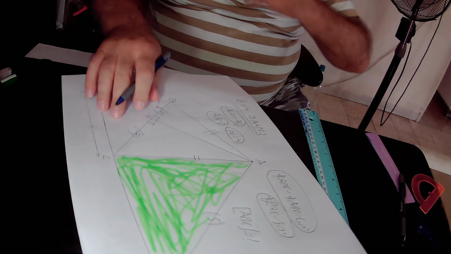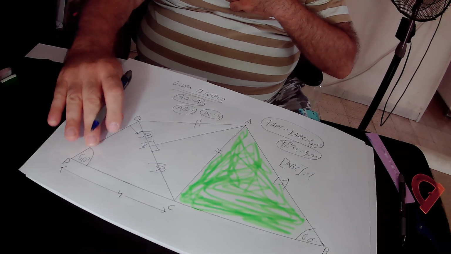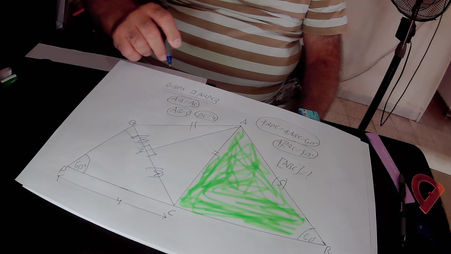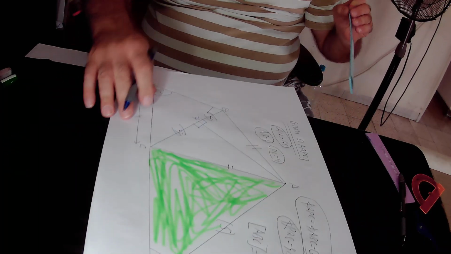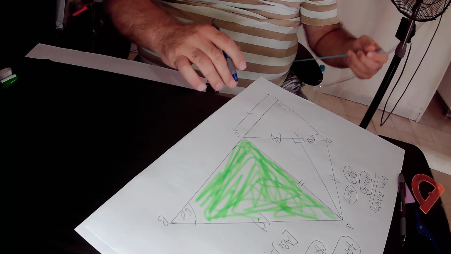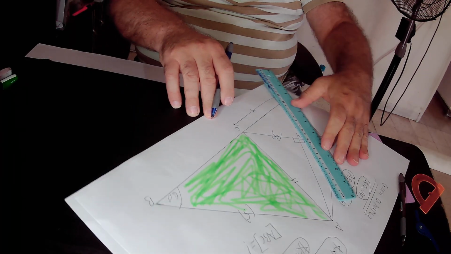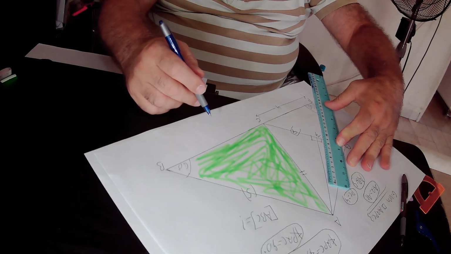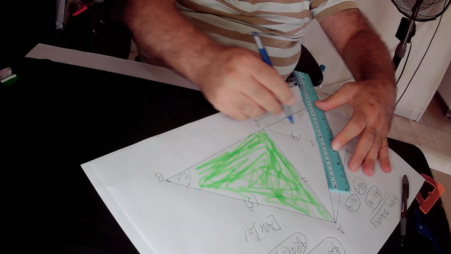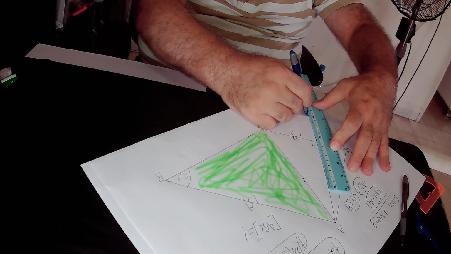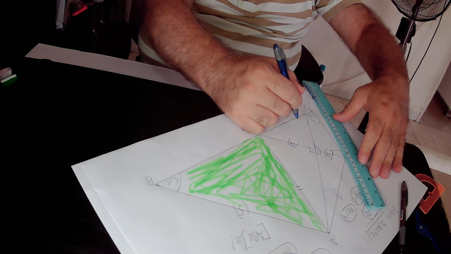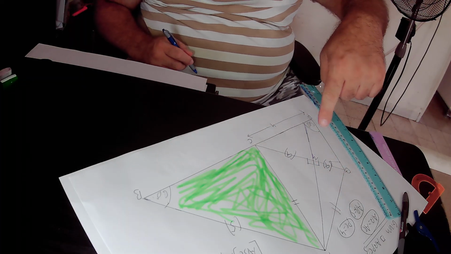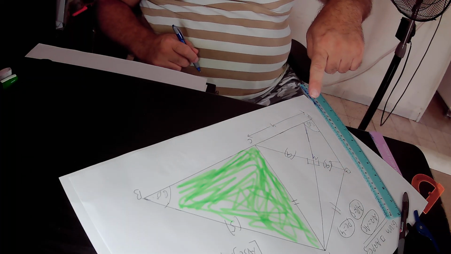In the next step, we will extend the perpendicular AM by a straight line until it touches side PC.